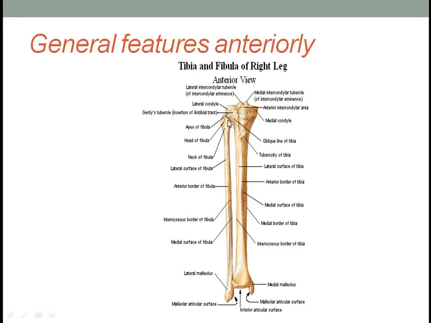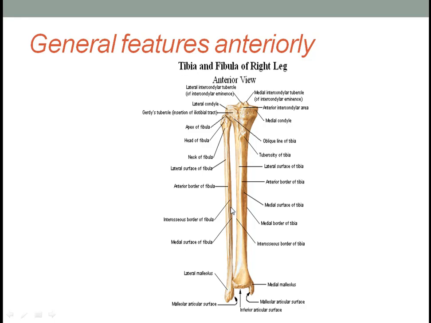Here the fibula, and this is the apex of the fibula, and here this is the head of the fibula and the neck of the fibula. The narrow area after the head is the neck, and then again this is the shaft, and also in the shaft we have the medial surface.